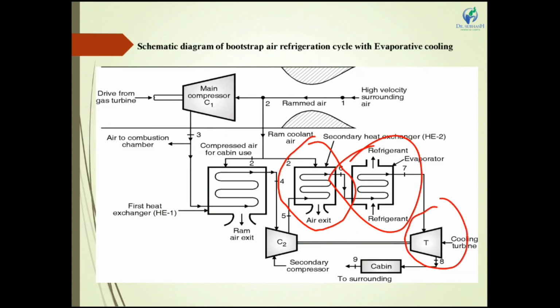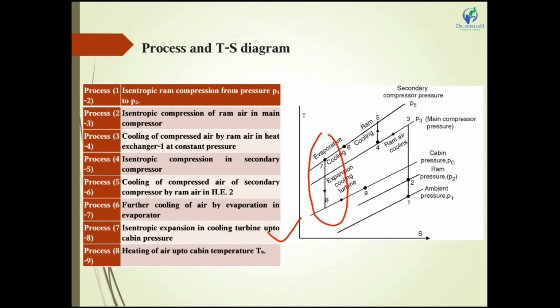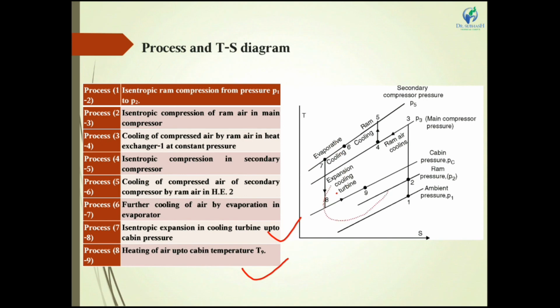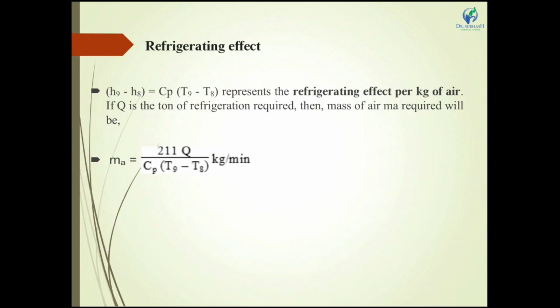Then the air heats up at cabin pressure, meaning it absorbs heat from the cabin and rejects it to the atmosphere. This is the whole process of the bootstrap air refrigeration with evaporative cooling.